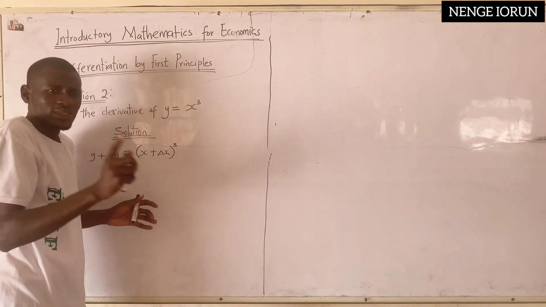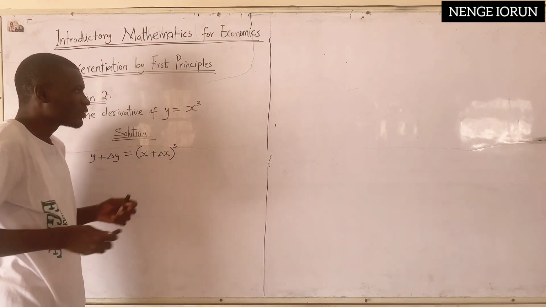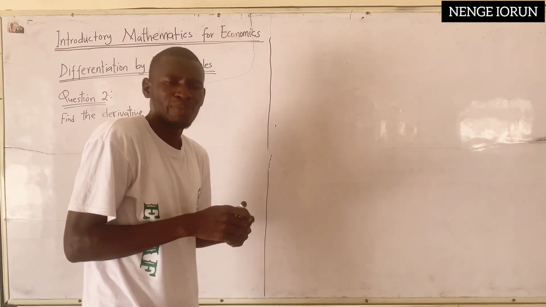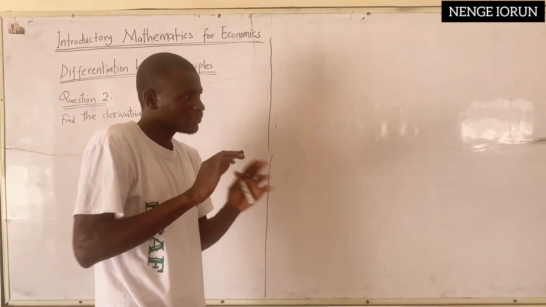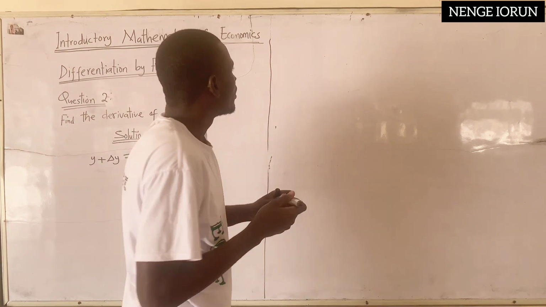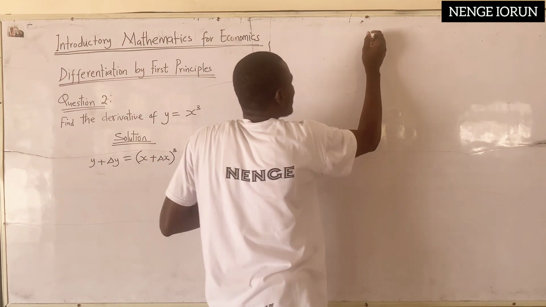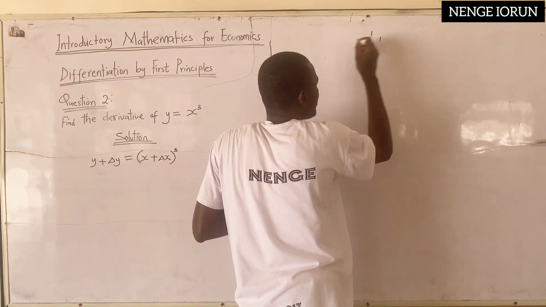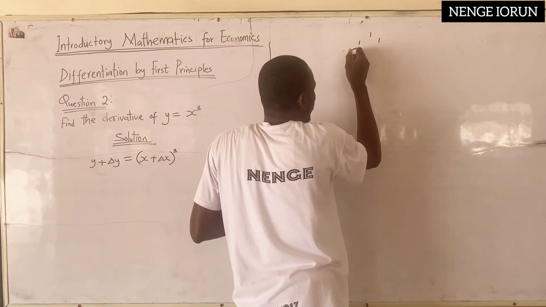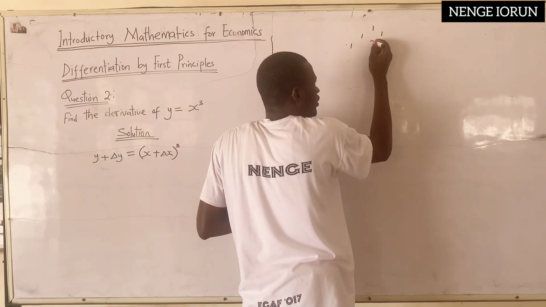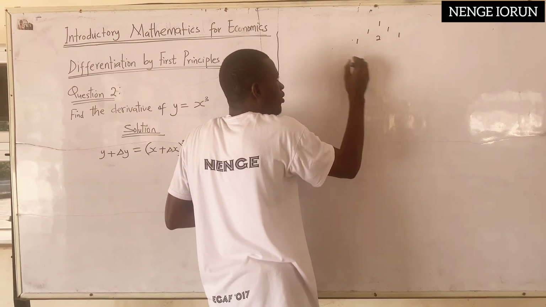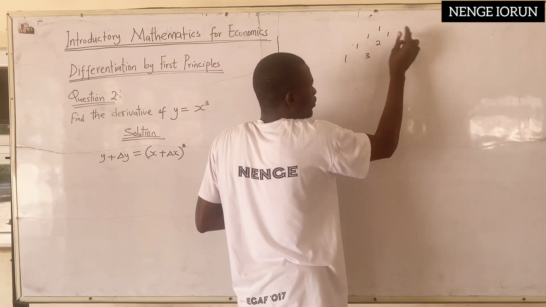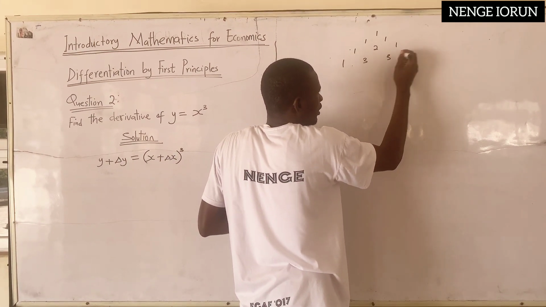Now, I'll teach you a simple way of expanding brackets using binomial expansion, also known as Pascal's theorem. You can do it with ease. You have Pascal's theorem as 1, 1, 1, 1 plus 1, 2, then 1 plus 2, 3, 2 plus 1, 3, then 1.